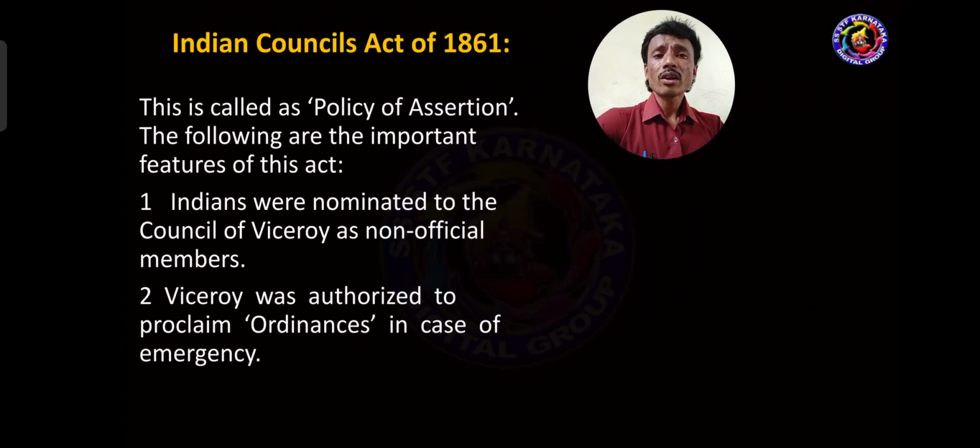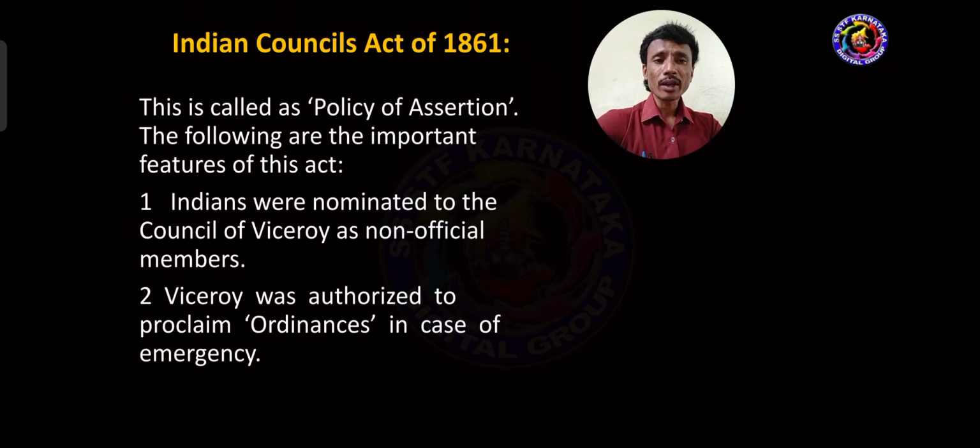And the Viceroy was authorized to proclaim ordinances in case of emergency. Authorized means having the power. Who is the Viceroy? I already told you, Lord Canning, the first Viceroy of our country. He was authorized to proclaim, and proclaim means to announce officially, ordinances in case of emergency.